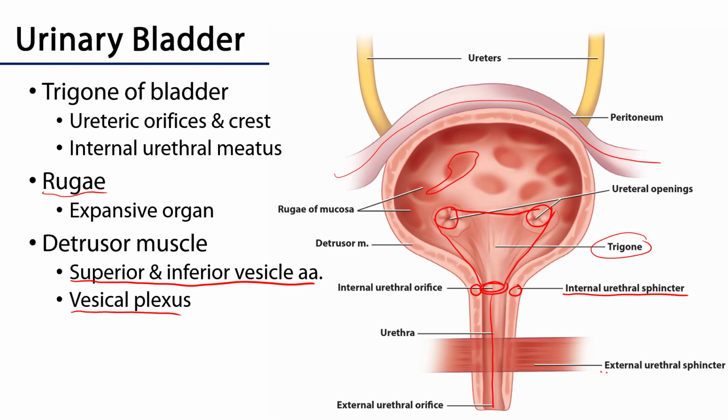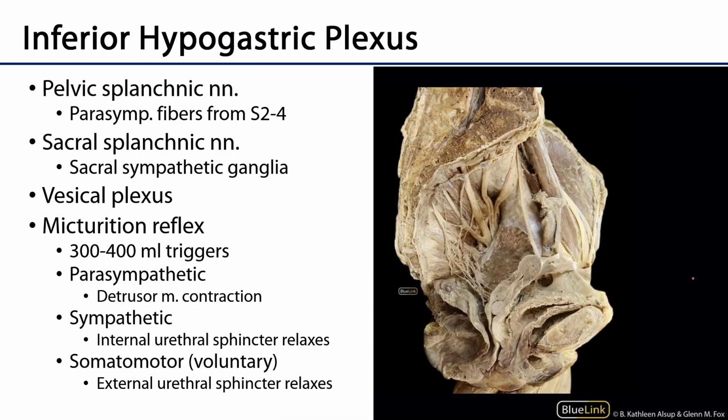Now, this is skeletal muscle, so it's going to be under somatic or somatomotor control. An individual can decide when this muscle contracts and when it relaxes. An individual cannot decide when the internal urethral sphincter contracts or relaxes.